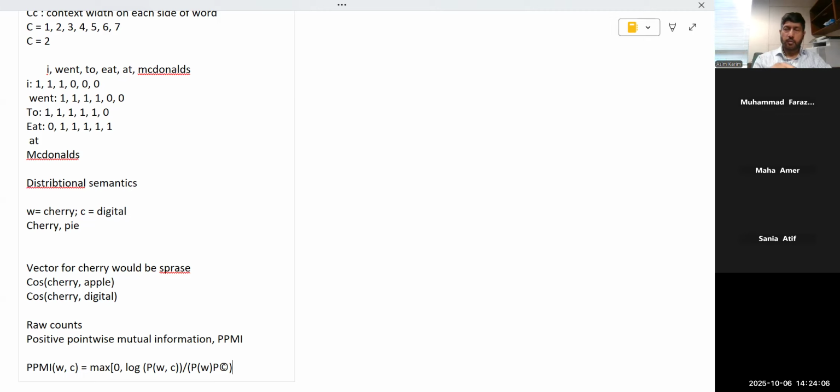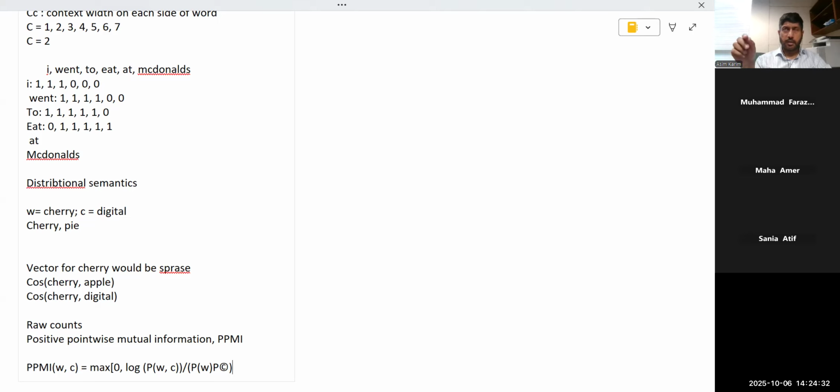But if it is non-zero, it means that they are related, meaning that जब W आएगा, C is more likely or less likely to occur. But जो less likely वाला negative value आएगी उसको हम discard कर देते हैं, उसको हम 0 ही ले लेते हैं. Remember, I did a max here. Or simply retain the positive values.